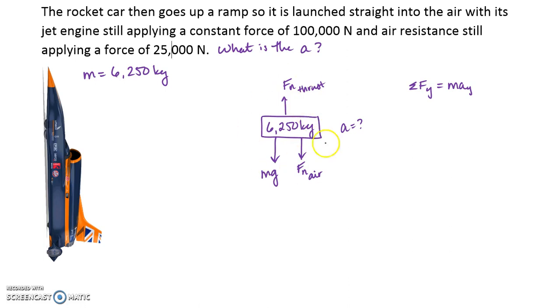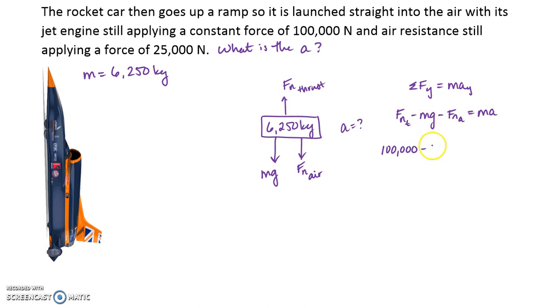So now I'm going to add up all three of the forces I see in the y plane. So I have a positive normal force due to the thrusters. Then I have negative mg, and then I have a negative normal force due to the air equals ma. So now substitute in everything I know. So the thrusters are still applying that 100,000.